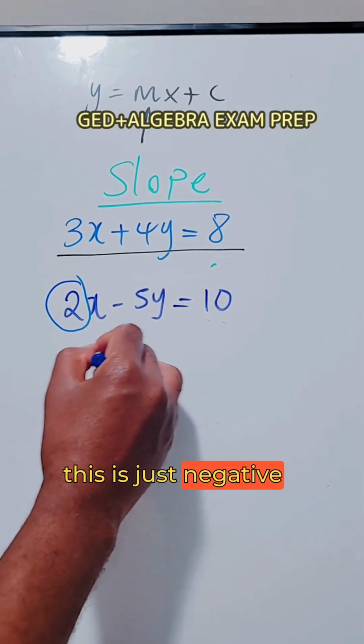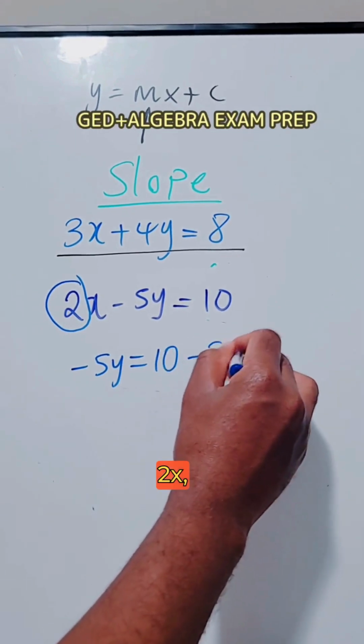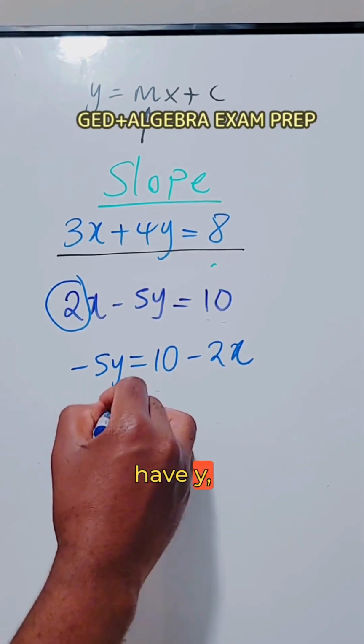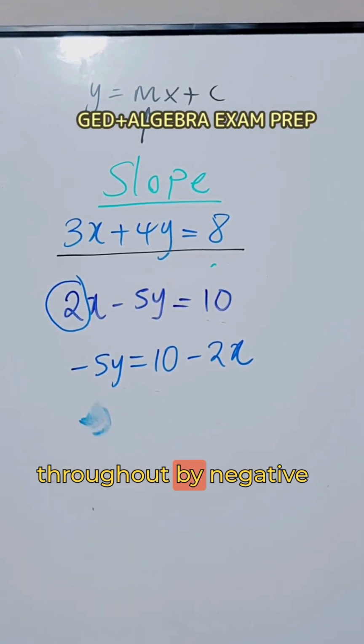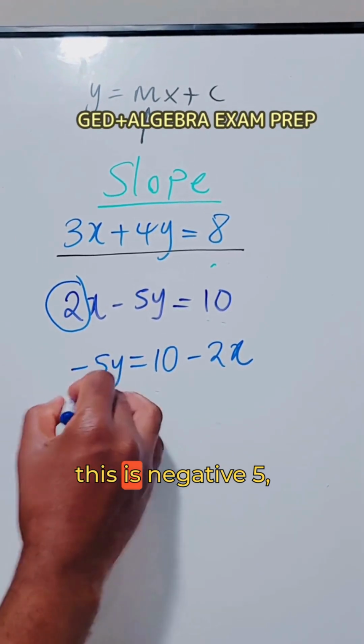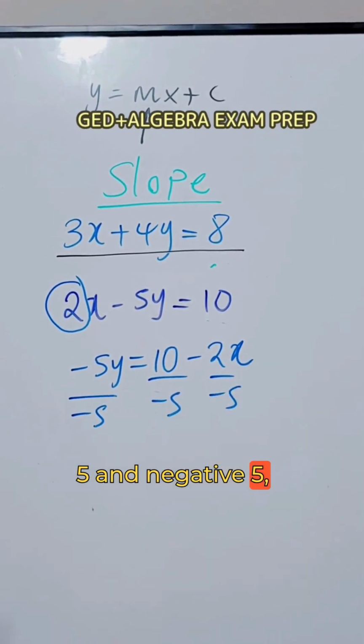So this is just negative 5y is equal to 10 minus 2x. Then we have y, we can divide throughout by negative 5. So this is negative 5, and negative 5.